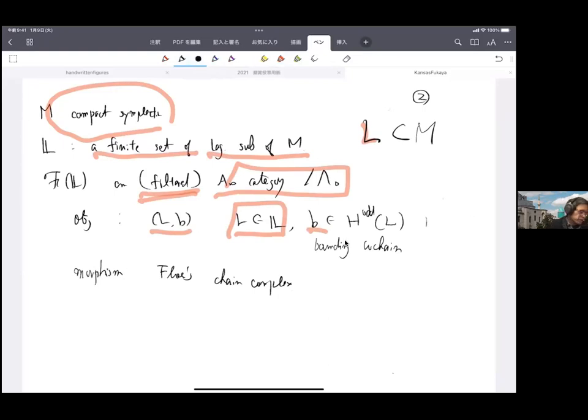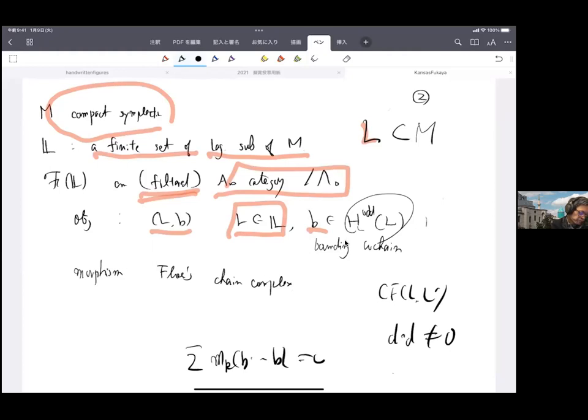Bounding cochain is the following. In general Lagrangian Floer theory, you have the usual Floer boundary operator d, but then d squared is in general non-zero in this generality. But we can use a certain element b of odd degree homology, which satisfies something called the Maurer-Cartan equation.